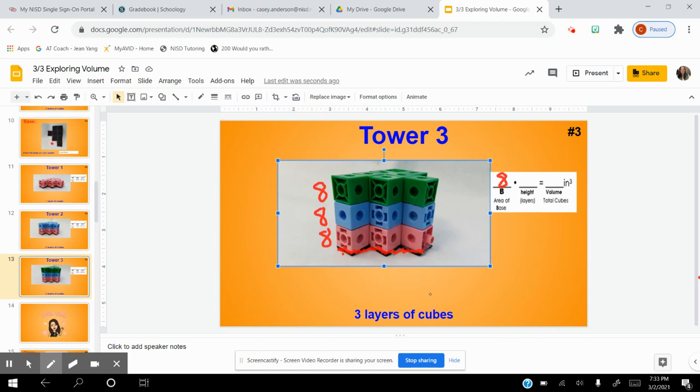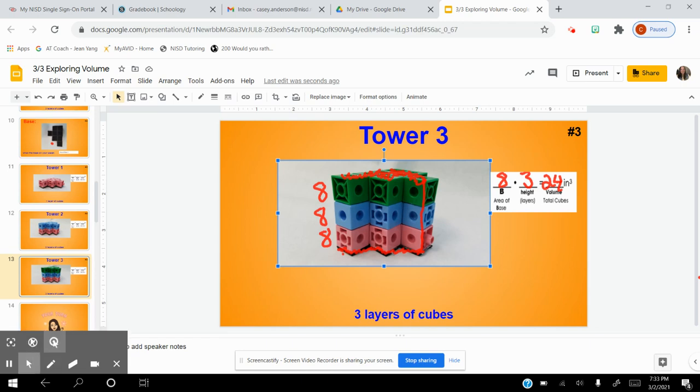That's what we actually counted. If I put that black felt on top of here, that's still 8 of them, and I see 3 groups of that 8. So those are my layers. So there would be 24 cubic inches or 24 total cubes if we're looking at these as measurements of inches.